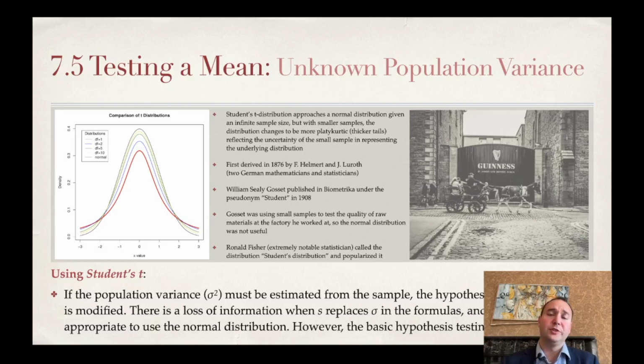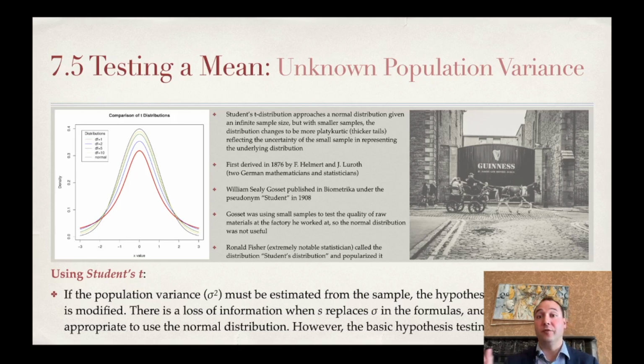So the normal distribution was not useful because he's using small samples of barley. He didn't want to use a lot of barley to test whether it's good or not, because a lot of that barley has to be used to make the beer. So he was using the t-distribution to test the quality using small samples, so he's not wasting a lot of those materials. So he can make more beer.